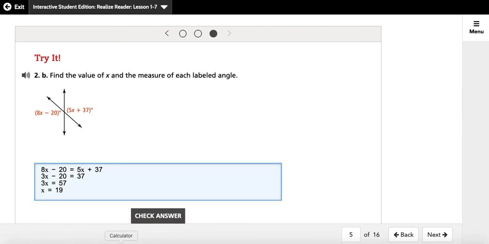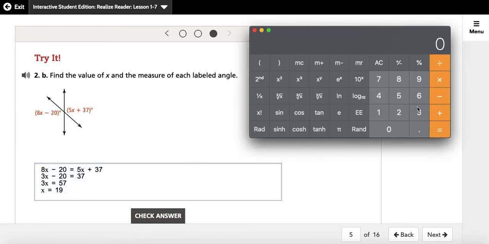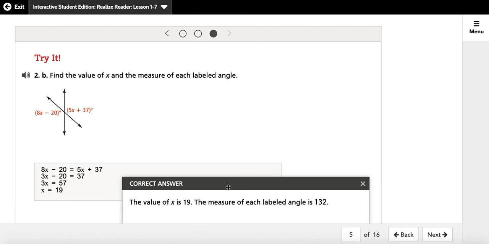I'm kidding, but just to be safe, trying to do stuff in your head sometimes can be dangerous. 8 times 19, 152, and then subtract 20 to get 132. Let me try it the other way. 5 times 19 plus 37. Yep, 132. The answer was 132.